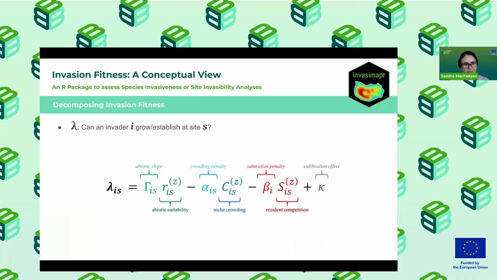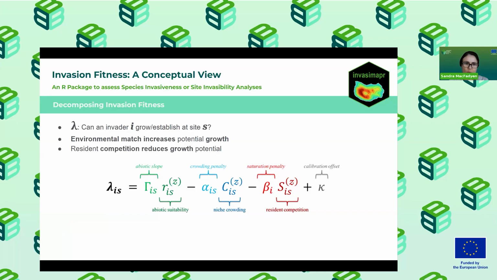Essentially, your lambda is your invasion fitness, and it's quantifying how an invader I can grow or establish at site S. It takes the abiotic suitability as this environmental match that will increase the potential for growth. So the better the environment, the better the chances for growth.